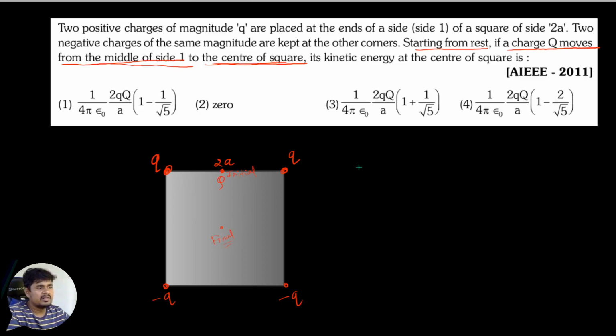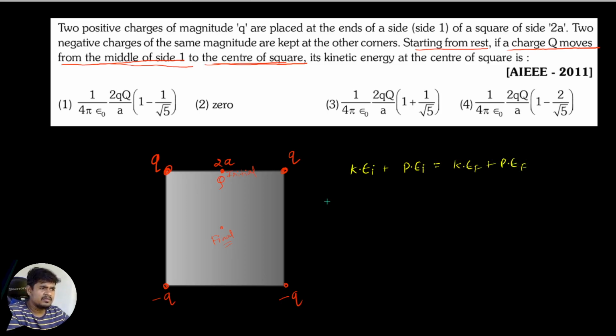So the change in potential energy will be equal to the gain in kinetic energy, because total energy is conserved. I can also write it in another format: conserving the energy, kinetic energy initial plus potential energy initial equals kinetic energy final plus potential energy final.